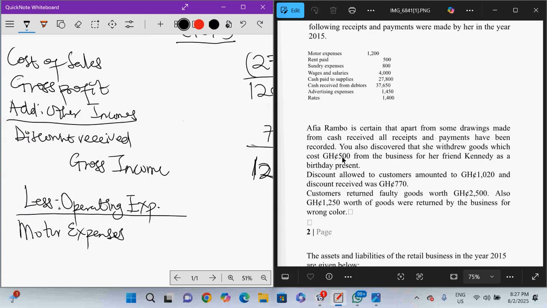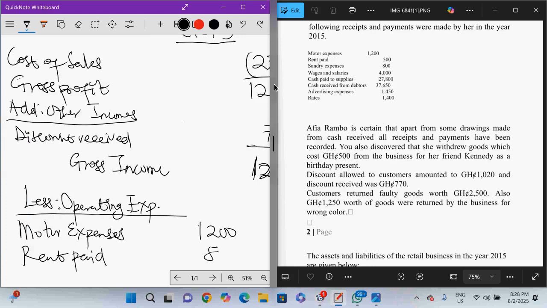Right. So motor vehicle is how much? 1,200. What of the rent paid? Rent paid. So these are where you are paying the items. Rent paid, 500. What else? Sundry expense. Sundry expense will make some adjustments. So you have to go and pick the adjusted figure.